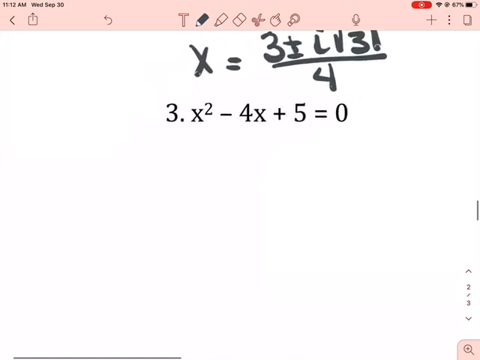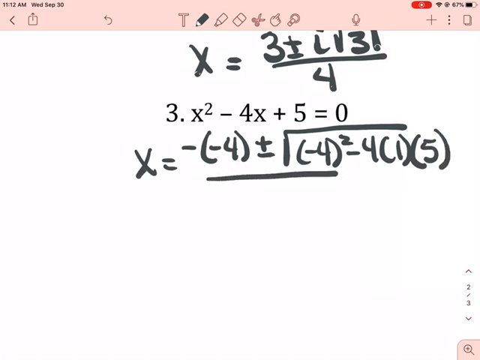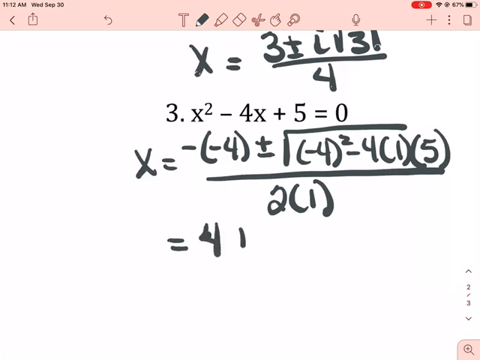It's prime. Okay. All right, and then this last one, x equals the opposite of negative 4 plus or minus the square root of negative 4 squared minus 4, a is 1, c is 5, all over 2 times 1.